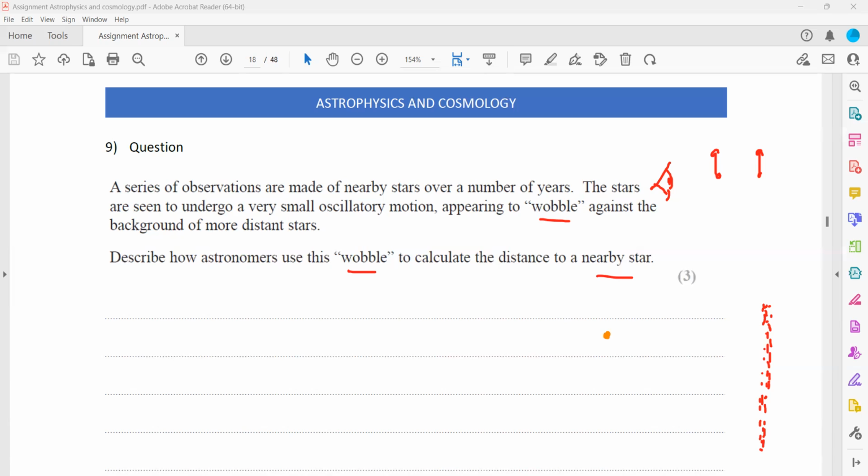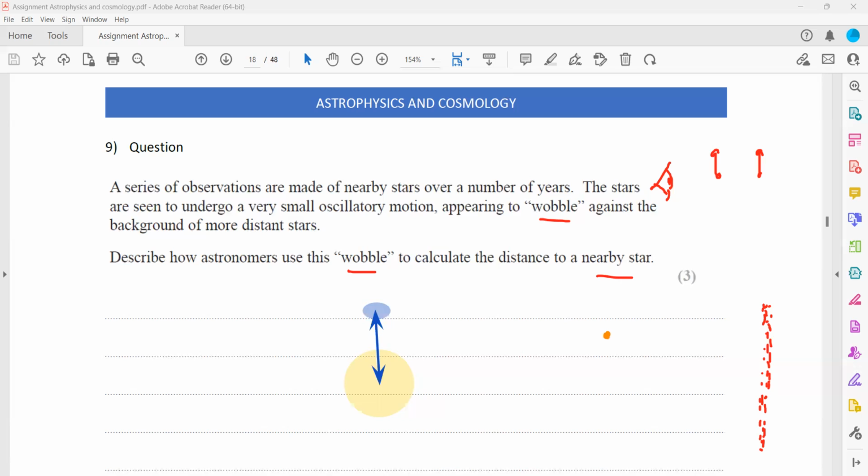For example, this is the Sun, and we are observing from the Earth. The distance between the Earth and the Sun is known as one astronomical unit. That is also the radius of the orbit, equivalent to one astronomical unit.